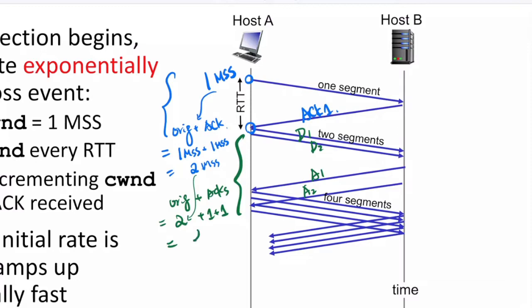So currently, my congestion window has 4 MSS. That is the second round.